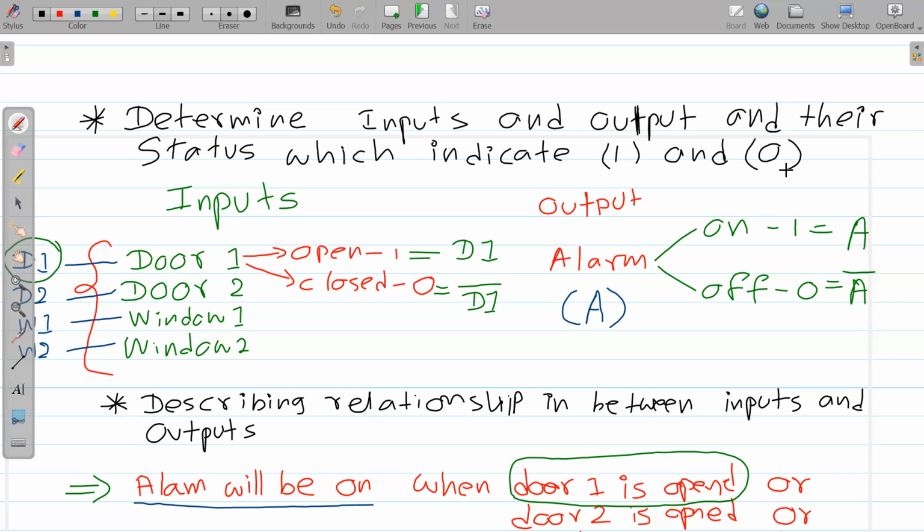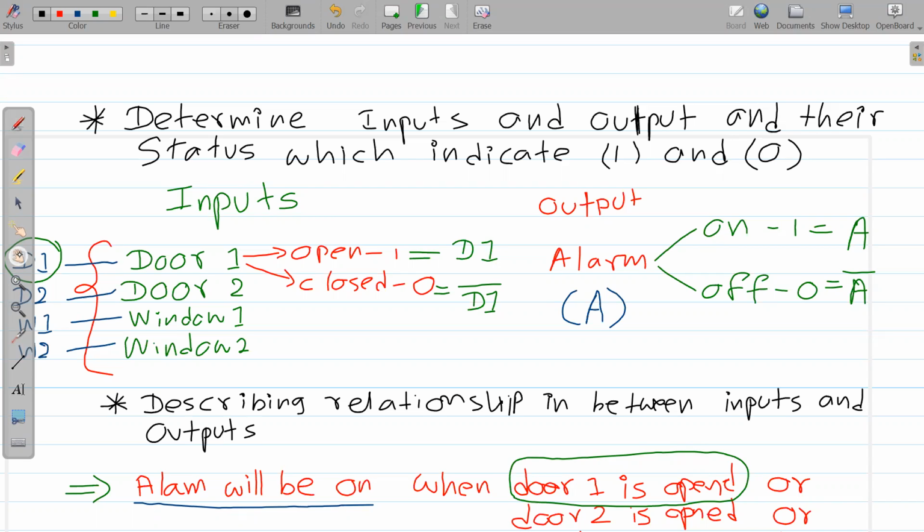When we are declaring the inputs and outputs, we propose suitable variables as well, so we can easily get a particular formula or expression using those variables. So we determine the inputs and outputs.